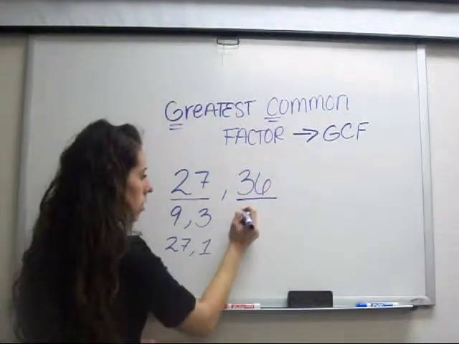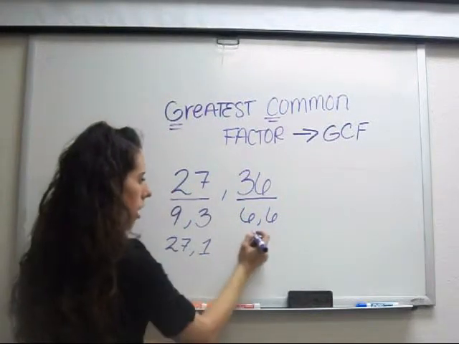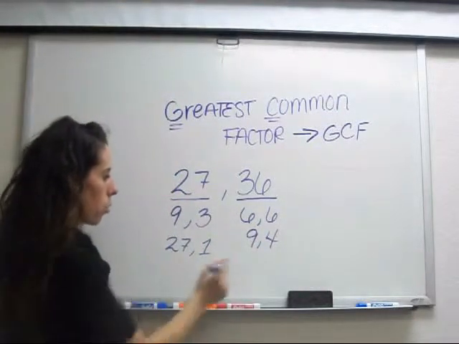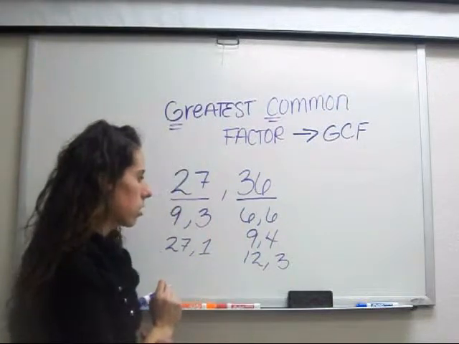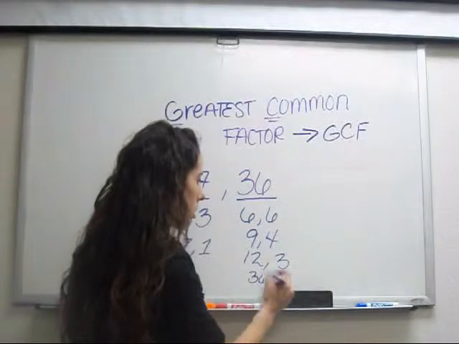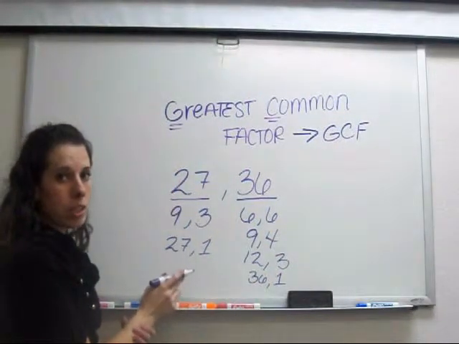We know that 6 times 6 gives us 36. We know that 9 times 4 gives us 36. We know 12 times 3 gives us 36. And we know that 36 times 1 gives us 36. I think that does it for our factors of 36.